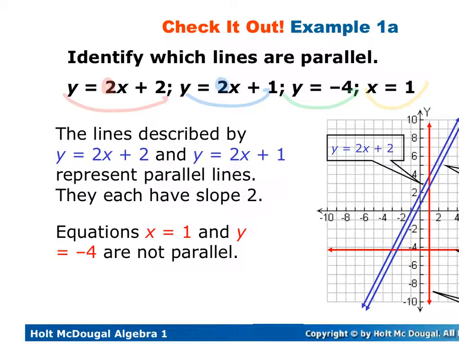What's the slope of the green line? Nope. 0. Okay, so this slope is 0. What's the slope of the yellow line? Undefined. Beautiful. All right, so now that we've identified the 4 slopes, which 2 lines are parallel?